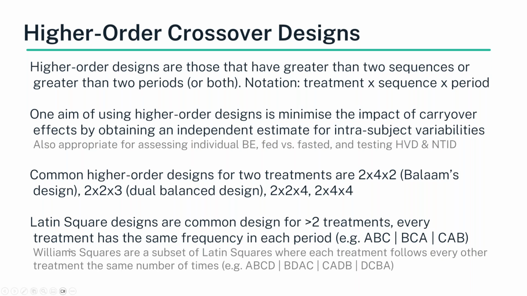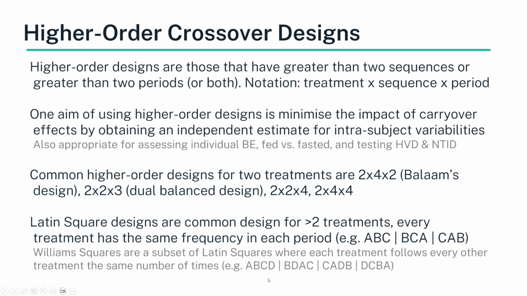And then Williams squares are a subset or a special type of Latin square, with the additional property that each treatment follows every other treatment the same number of times. So here, if we look at the 4x4x4 Williams design, obviously, same as above, in each period, each treatment is studied the same number of times, so A, B, C, D. You don't need to go through that all again.